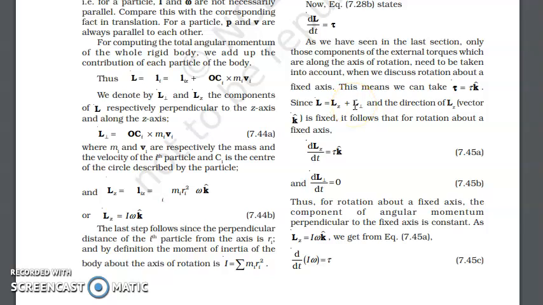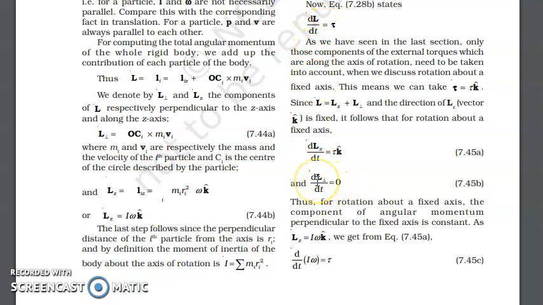In the direction of L perpendicular, the component of tau will be 0, because that is perpendicular and will lie in the x' y' plane, that is the plane of paper. So dLz upon dt will be equal to tau. The parallel component will follow this relation, but the perpendicular component will be 0.